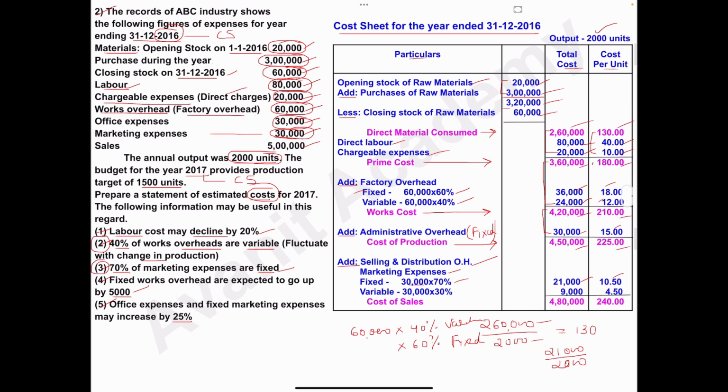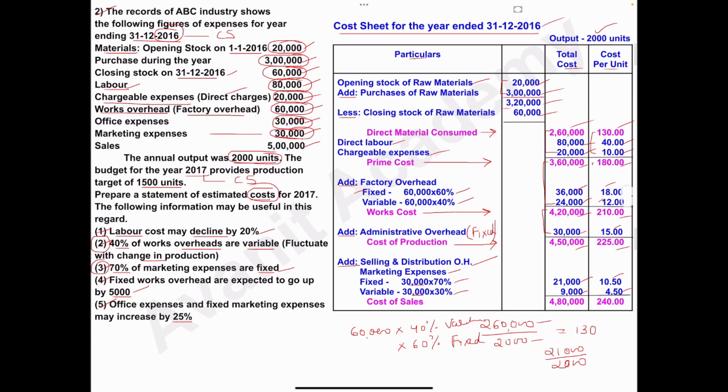Next, variable: 30,000 into 30%, amount is 9,000. Per unit, 9,000 divided by 2,000, answer is 4.50.